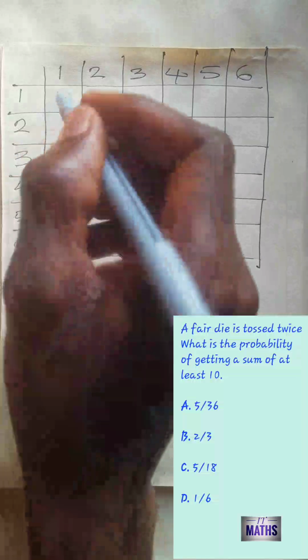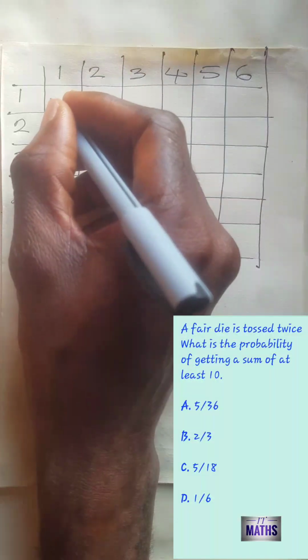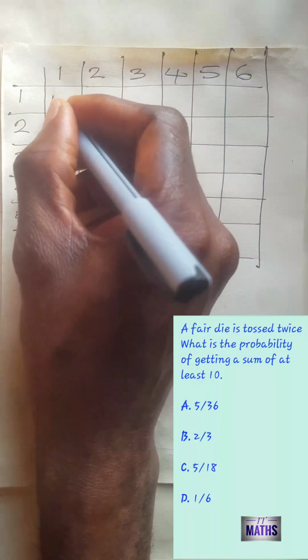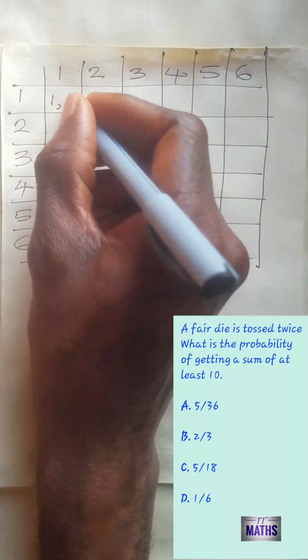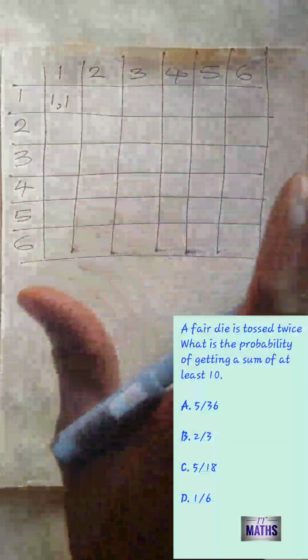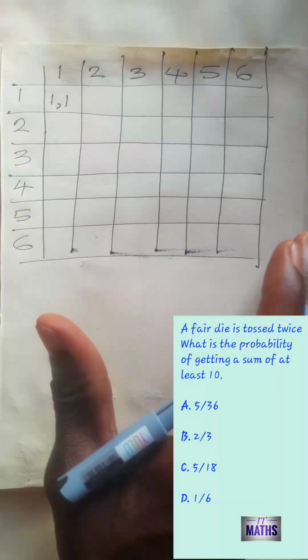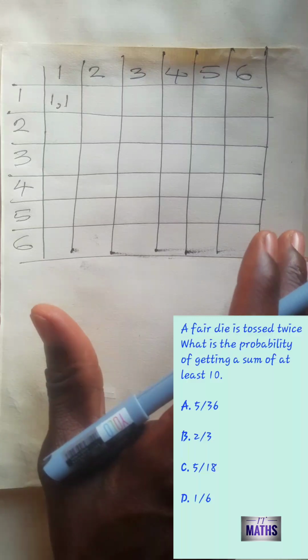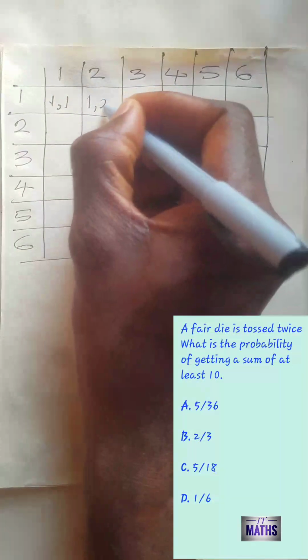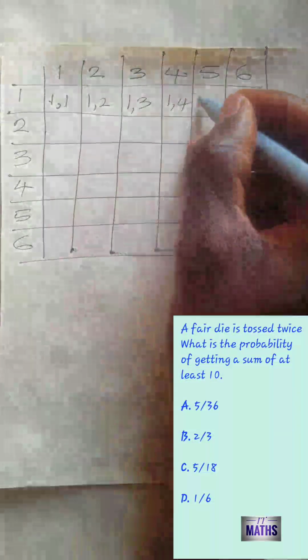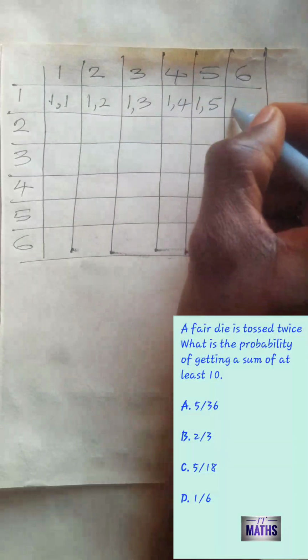Now, what is going to happen here is that the first time I toss the die, I have 1. The second time, I can also have 1, right? I'm writing out all the possible combinations that can come out of tossing one die twice. So, first time, second time: 1, 2, or 1, 3, or 1, 4, or 1, 5, or 1, 6.